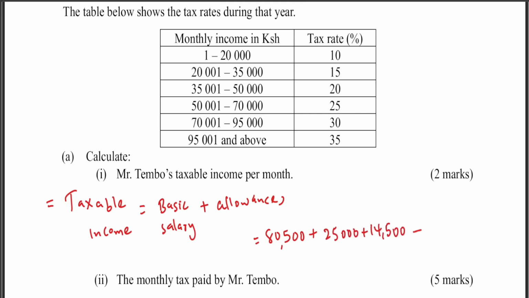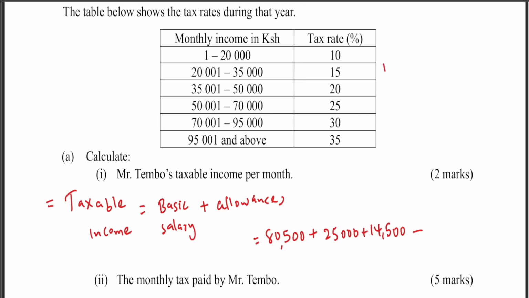But now you deduct the one that is exempted. Remember that 1.5% is not of the salary, but of the gross income. If you take 80,500 plus 25,000 plus 14,500, that gives you 120,000.